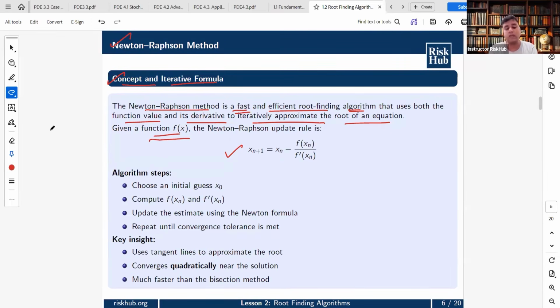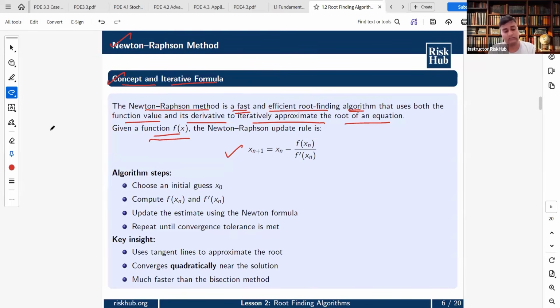The update formula is x(n+1) equals x(n) minus f of x(n) divided by f prime of x(n). Here, x(n) is the current guess, x(n+1) the next improved guess, f(x(n)) the function value at the current guess, and f dash x(n) the derivative, the slope at the current guess.